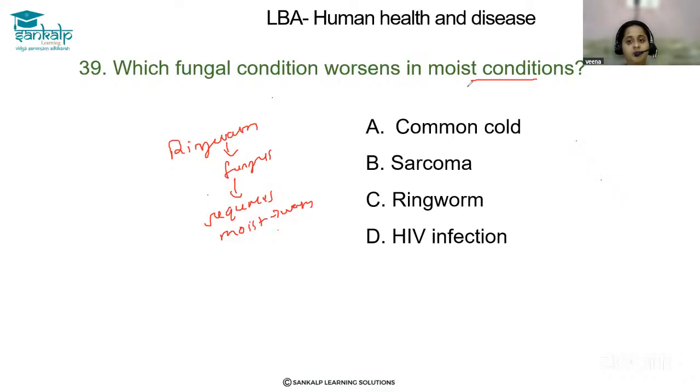So due to the moist condition, this ringworm disease becomes severe, okay, and becomes worse. So the correct answer is option C, that is ringworm disease caused by the fungus.